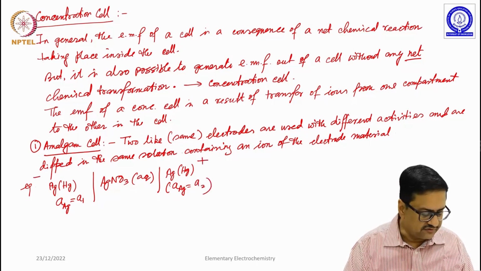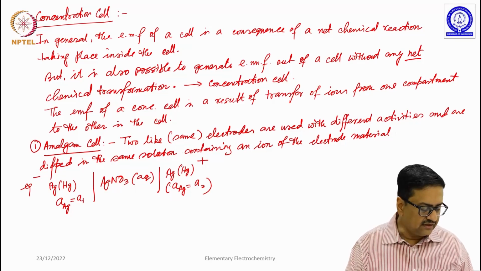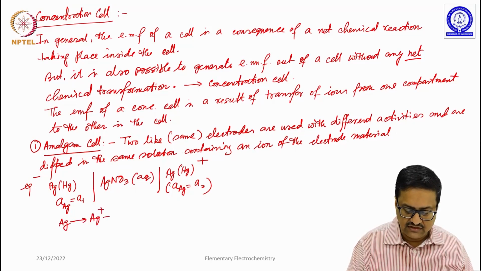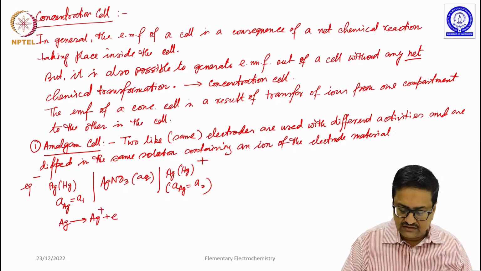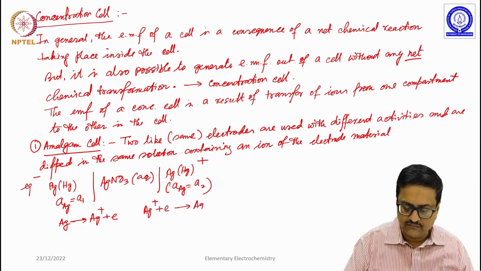This is plus and that is minus. So the reaction that is happening on the left hand side is Ag getting oxidized to Ag plus and releasing one electron. What is happening on the right hand side is Ag plus taking an electron getting reduced to Ag.